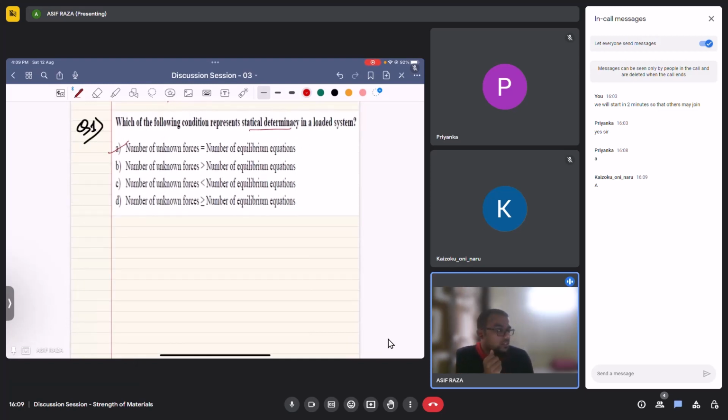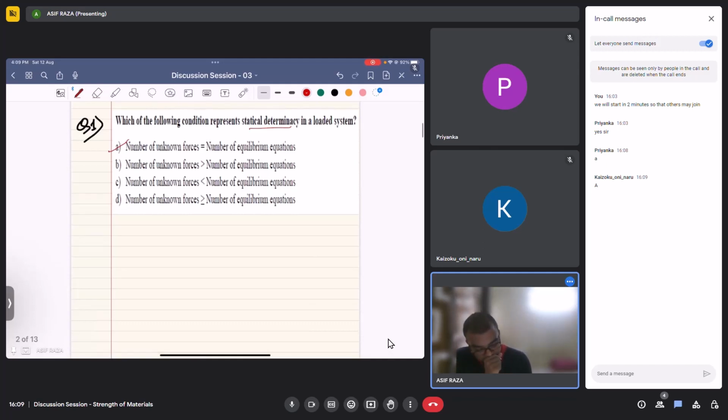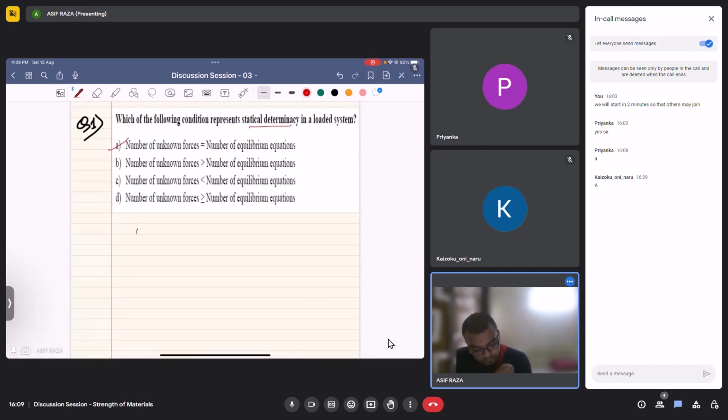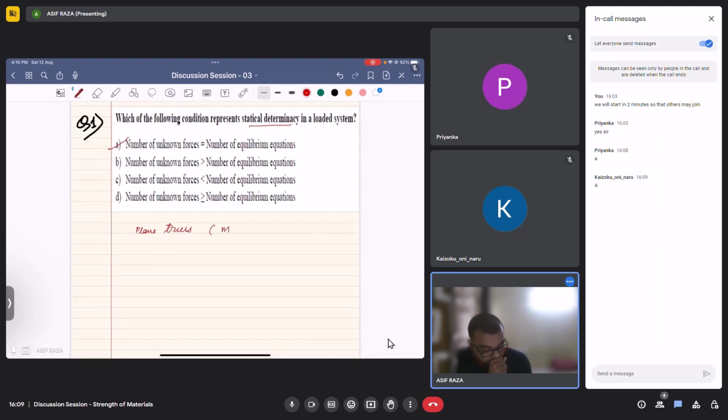How do you calculate the statical determinacy for the case of a plane truss, when you are given m number of members and j number of joints? How would you calculate the degree of static determinacy? m plus r is equal to 2j.